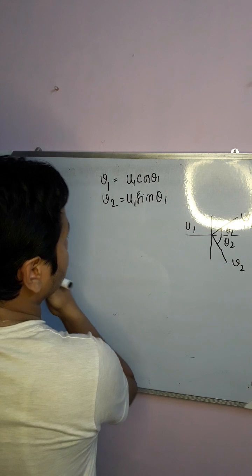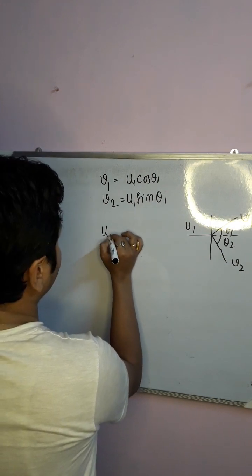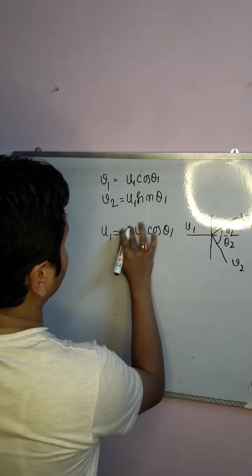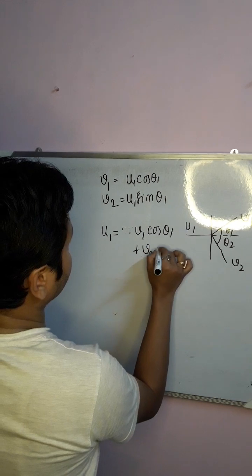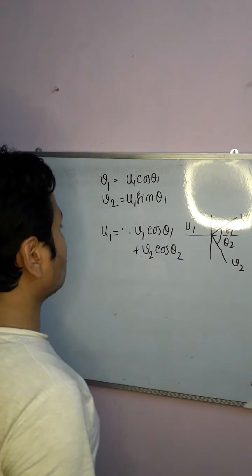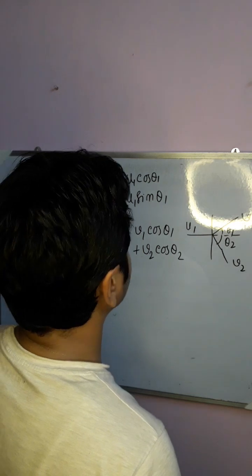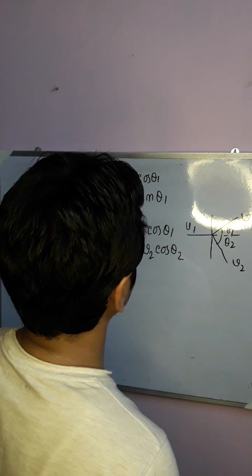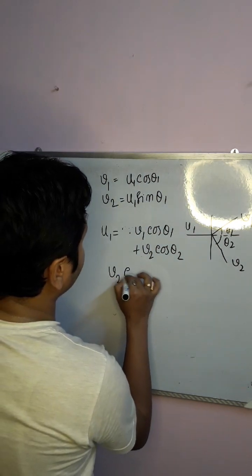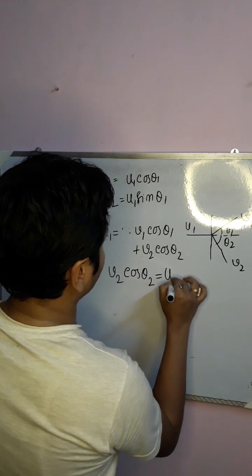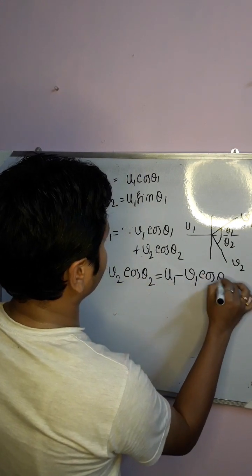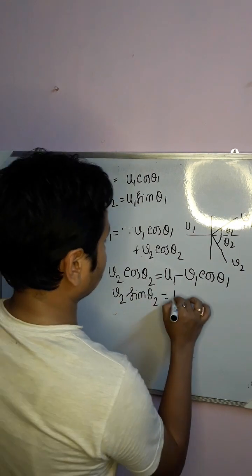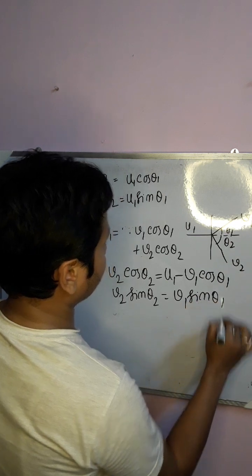We previously found u1 equals m v1 cos theta 1, that is v1 cos theta 1 plus v2 cos theta 2. So from which we can write v2 cos theta 2 equals u1 minus v1 cos theta 1, and also we find v2 sin theta 2 equals v1 sin theta 1.